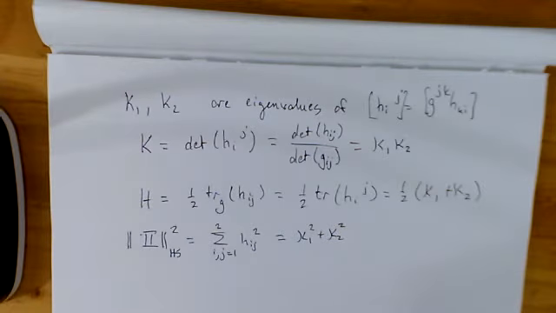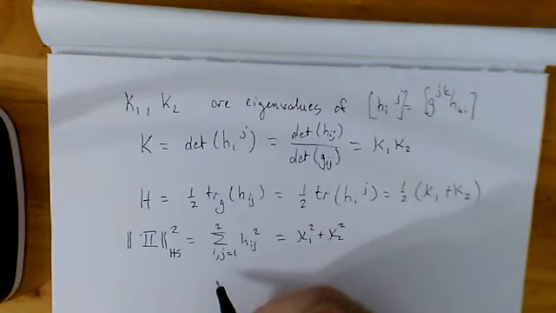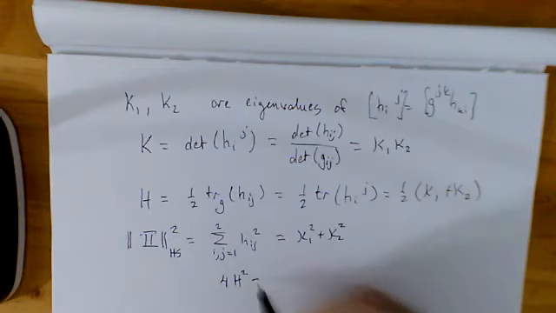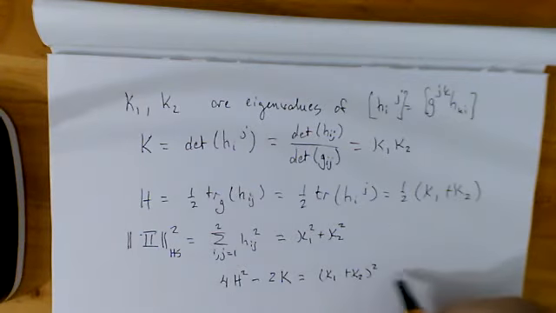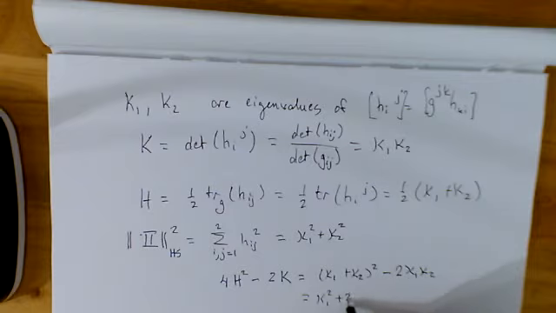On the other hand, if I look at H squared minus 2K, I'm going to get kappa 1 plus kappa 2 squared minus 2 kappa 1 kappa 2, which if I expand this out, I get kappa 1 squared plus 2 kappa 1 kappa 2 plus kappa 2 squared minus 2 kappa 1 kappa 2.